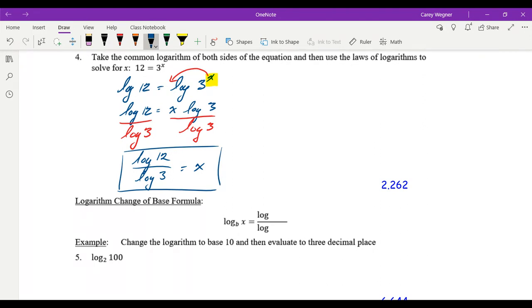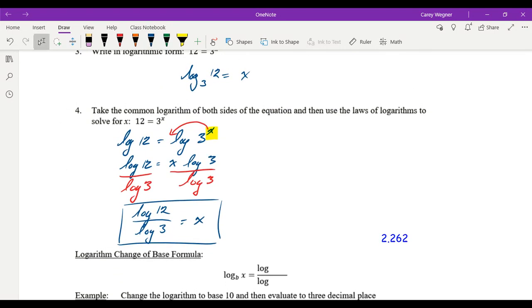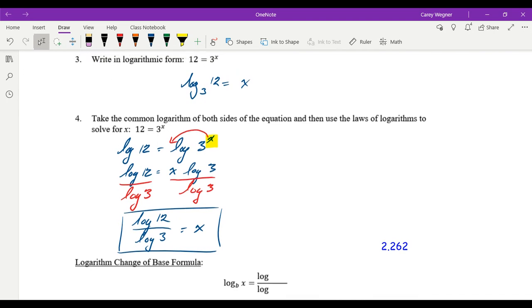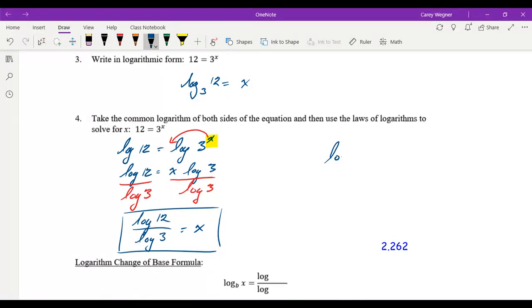And take a look here at the answer to question 4 compared to the answer of question 3. The two questions were the same, 12 equals 3 to the exponent x, but our answers look different. Even though the answers look different, they must be the same value. So our answer for question 3 will be log base 3 of 12.